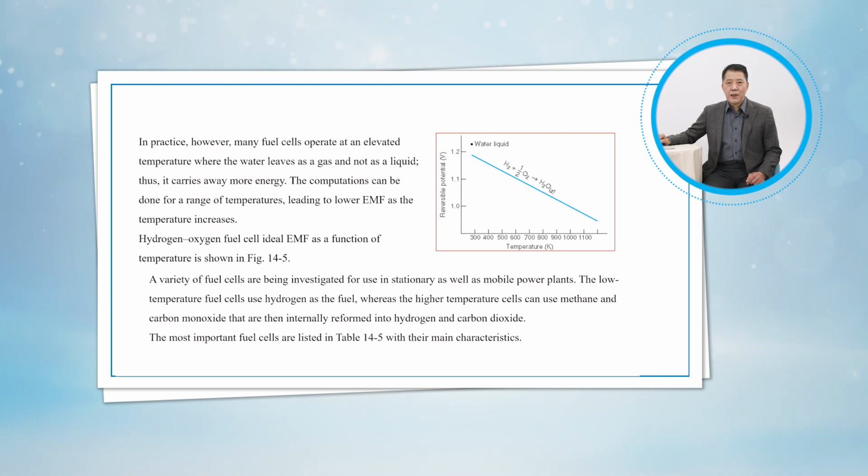The most important fuel cells are listed in Table 14.5, with their main characteristics. The low-temperature fuel cells are very sensitive to being poisoned by carbon monoxide gas, so they require an external reformer and purifier to deliver hydrogen gas.